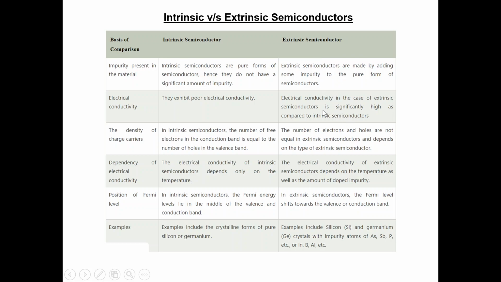So when we are doping, we are playing with the number of electrons and holes, and the electrical conductivity of these materials also depends on the amount of doped impurity as well as temperature, and the Fermi level also shifts towards the valence band or the conduction band on the basis of the dopant. Examples are silicon and germanium crystals with impurity atoms of arsenic, antimony, or phosphorus, or indium, boron, aluminium, etc. They are the elements which are generally used for impurity addition.